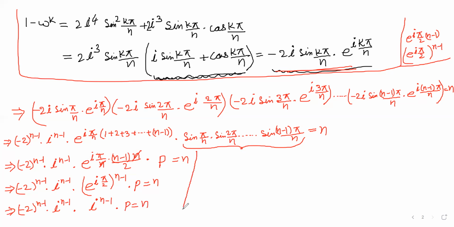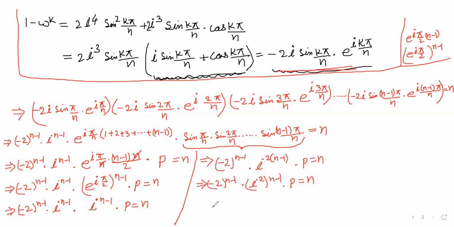In the next step, what we can say, it is going to be minus 2 to the power n minus 1 into iota to the power 2 times n minus 1 and into p is equals to n. Next time it can be written as minus 2 to the power n minus 1 into iota to the power 2 and whole to the power n minus 1 into p is equals to n.